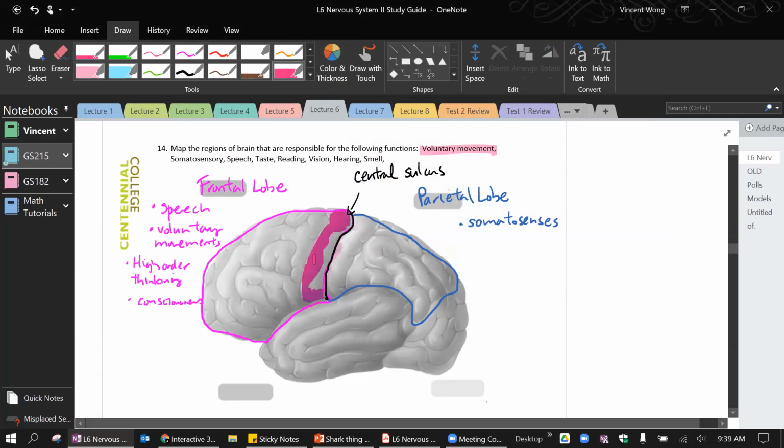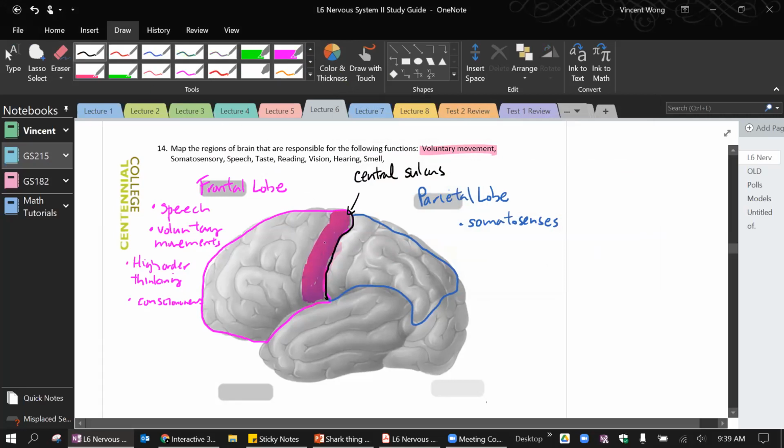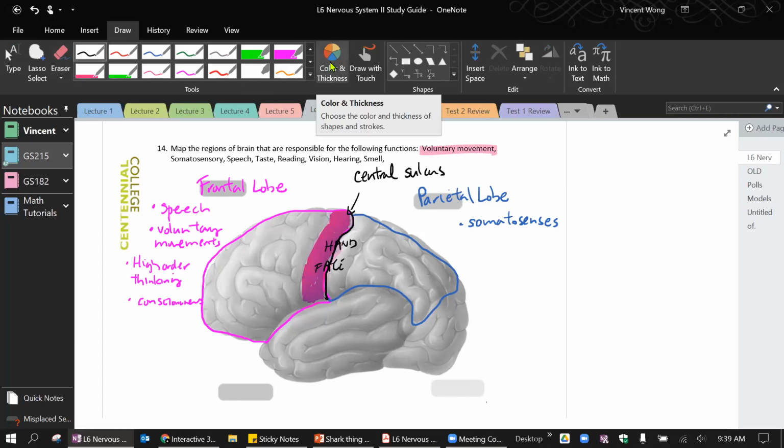If you remember from the lecture, the primary motor cortex is actually separated into different zones. So this part might control the hand and this part might control the face, and the leg is more up there and so on and so forth. So if you damage a particular part, then only that part of the body will be affected.